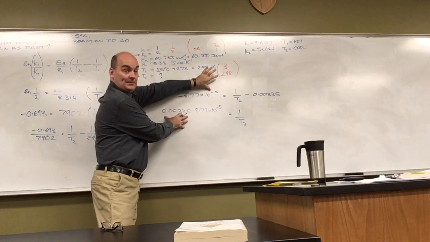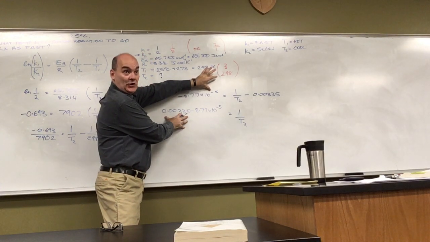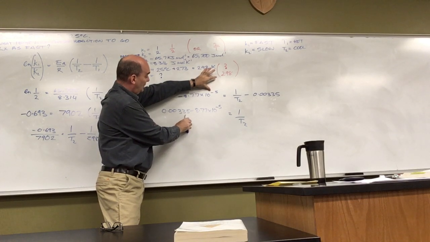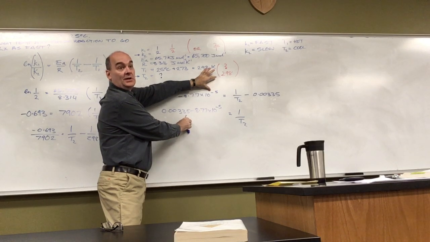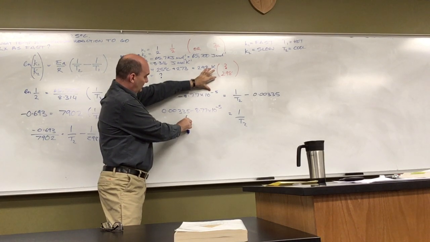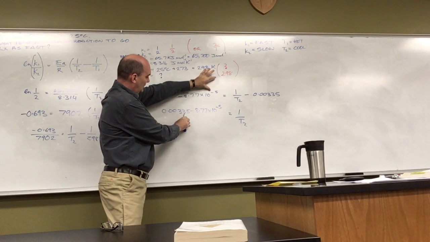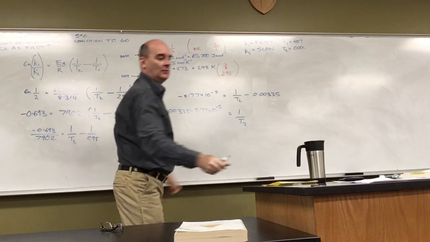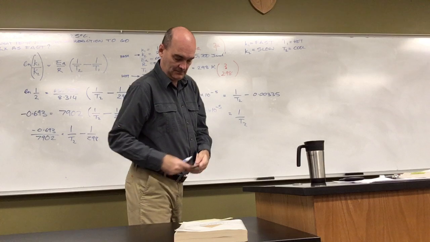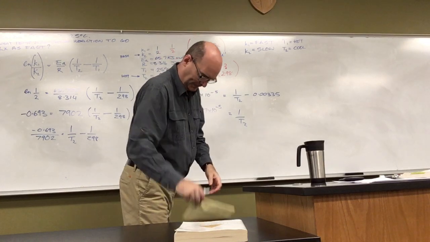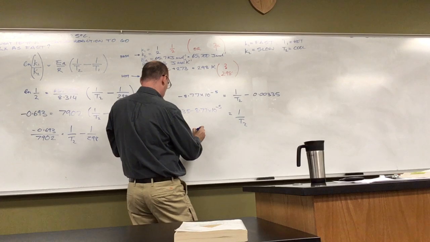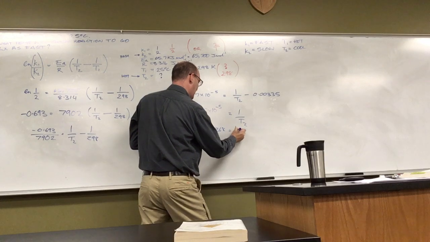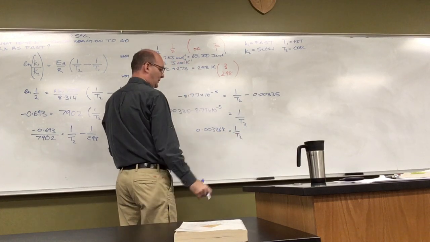So that 8 is only going to start subtracting from way over here. It's not going to have much of an impact at all. So what have I got? 0.003268, way more precision than I'm allowed to have, equals 1 over T2.